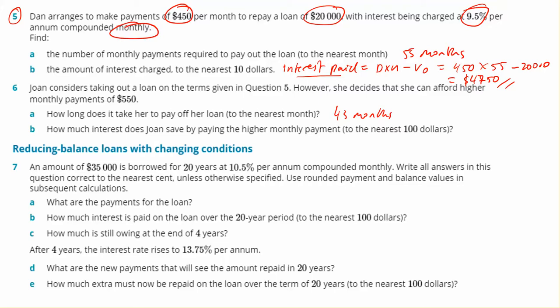How much does Joan save by paying the higher monthly repayments? Okay, so to work out the interest paid by Joan, you go interest paid equals D times N minus V0. D is 550, 550 times 43 minus V0, which is 20,000.